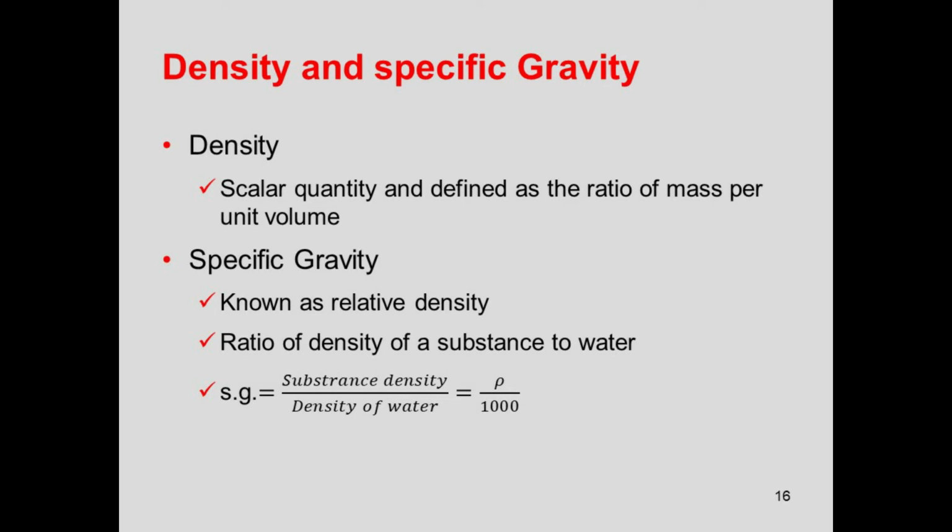Specific gravity, also known as relative density, is the ratio of the density of a substance to water. The equation is Sg for specific gravity is equal to the substance density rho over the density of water, and we know that the density of water is 1000 kilogram per meter cube.